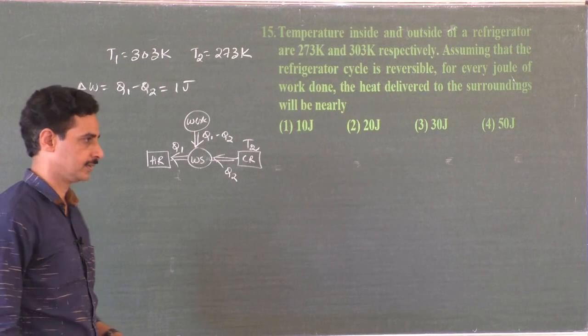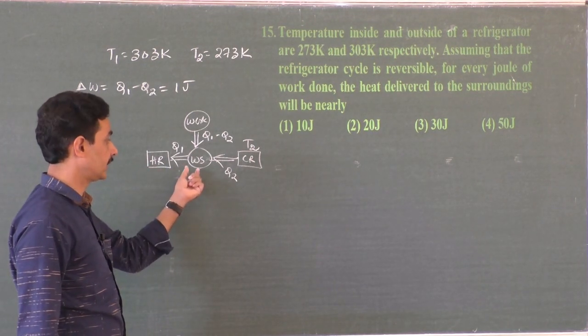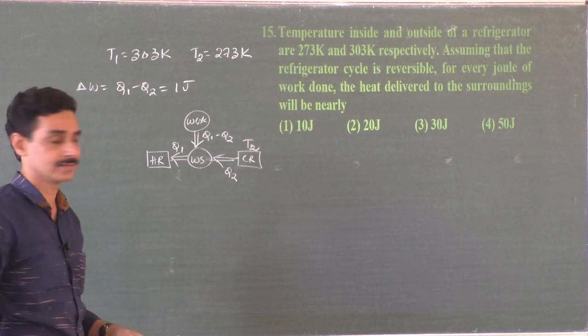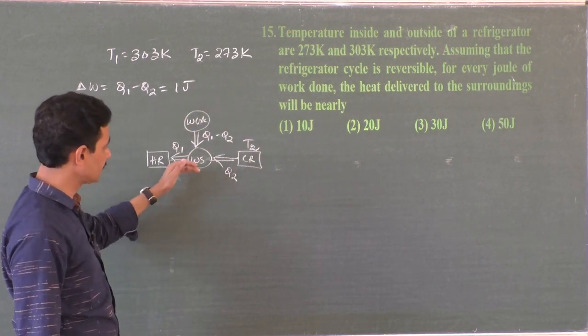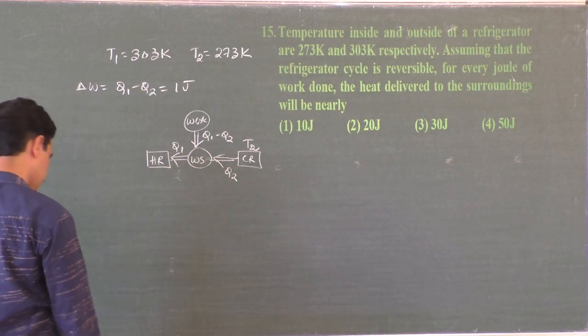It is the reverse of the Carnot cycle. Whereas in the Carnot cycle, heat is absorbed from the hot reservoir, the remaining heat is given to the cold reservoir, and some work is done by the gas. Here work is done on the gas, and the gas absorbs heat energy from the cold reservoir. Together it gives it to the hot reservoir.